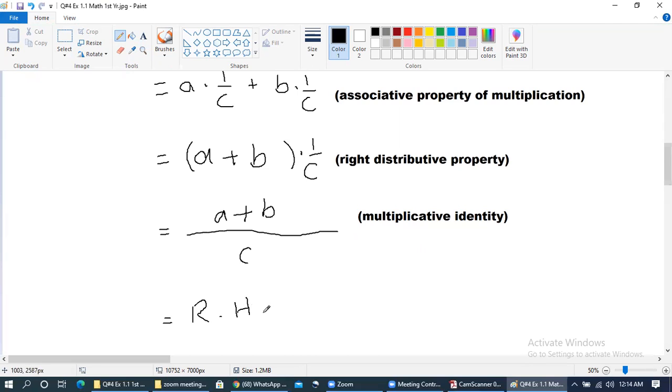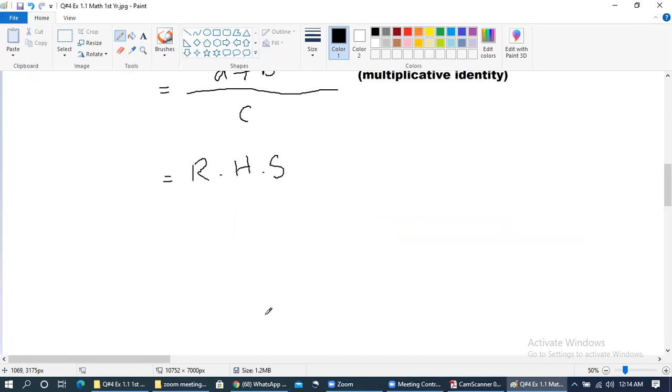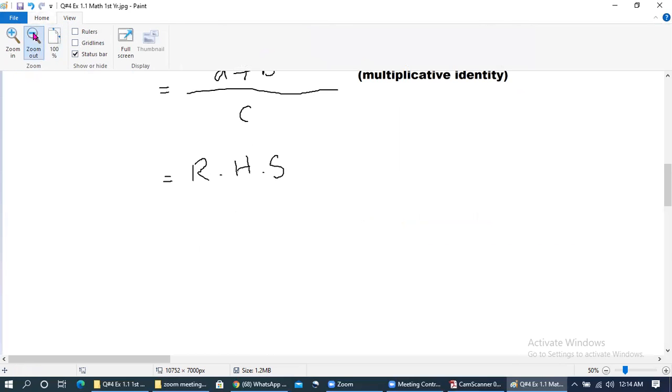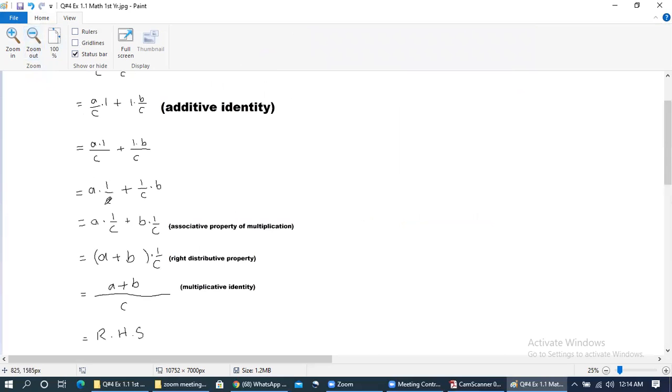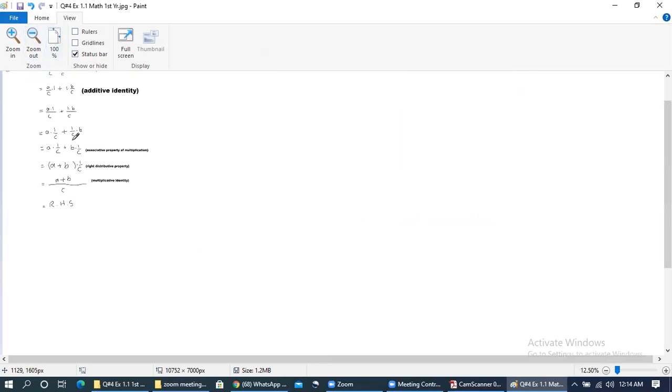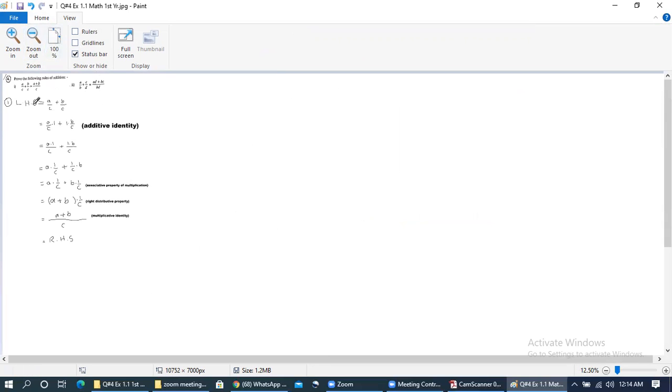So our statement has been proved, in which A by C plus B by C is equal to A plus B whole divided by C. So we have proved this statement. First statement has been proved.